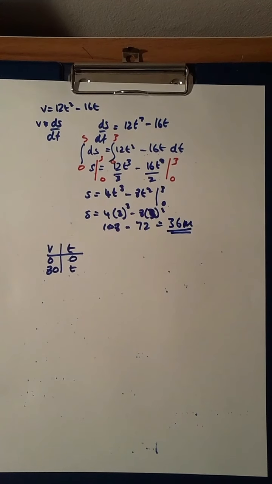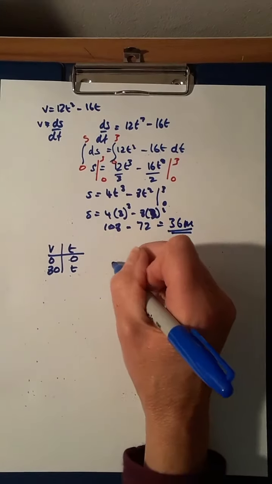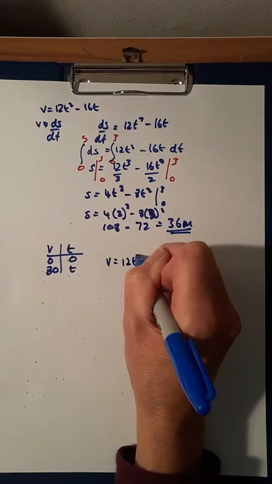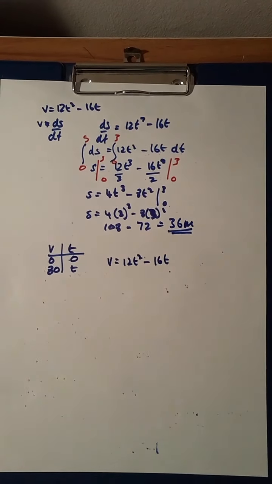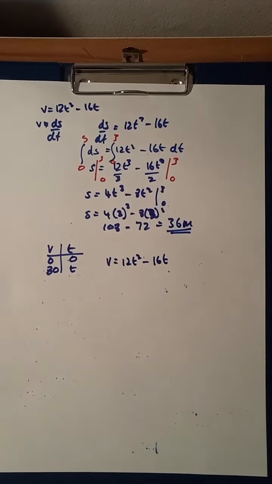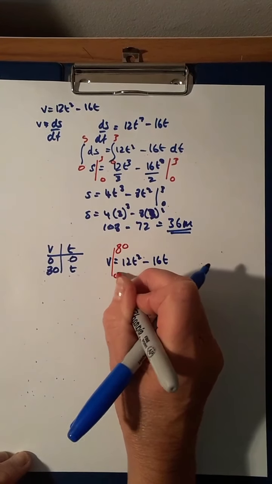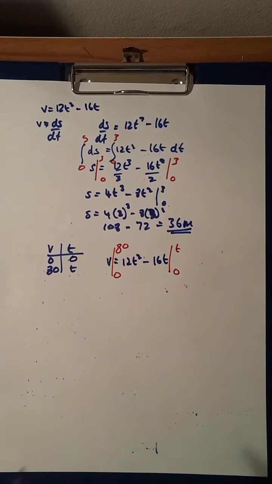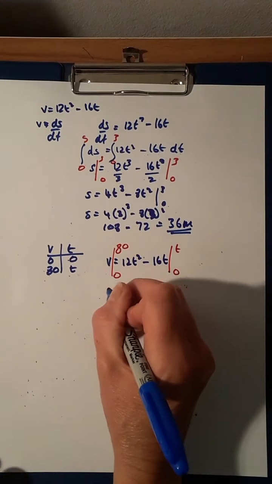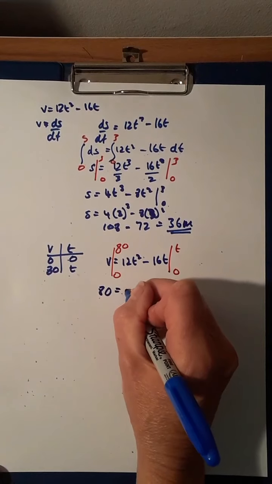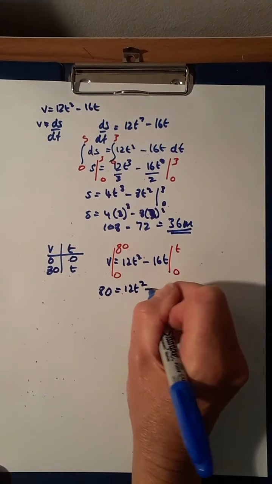So I'll take that same equation again, v is equal to 12t squared minus 16t, and all I'm doing is changing the limits. This time I'm taking v from 0 to 80 and t from 0 to t. And this will give me 80 minus 0 is equal to 12t squared minus 16t.